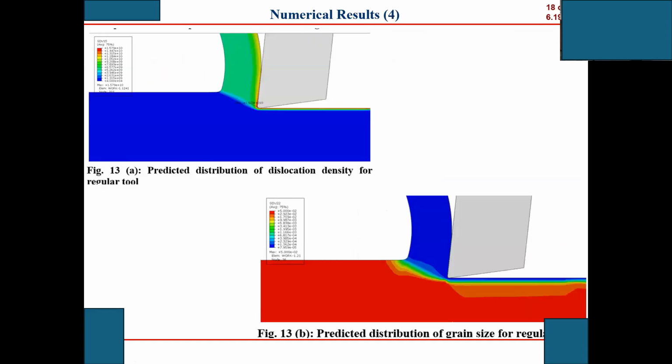So here is the dislocation density for the regular tool. This is the predicted distribution of grain size for the regular tool. The grain size is another variable that we define, and it's SDV22. The dislocation density is SDV15.